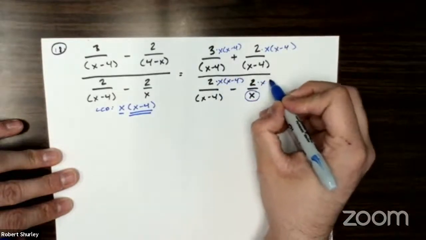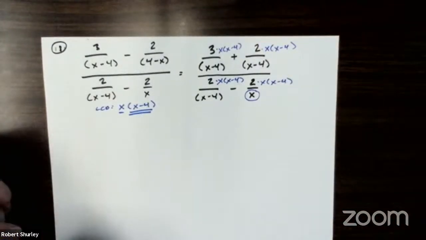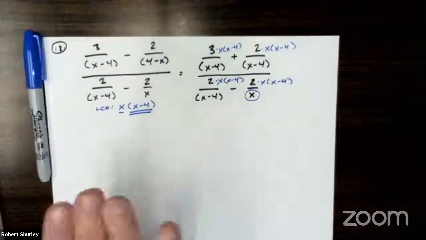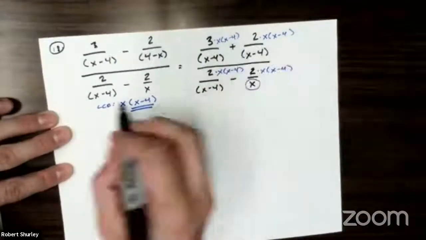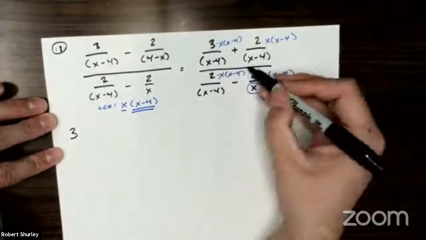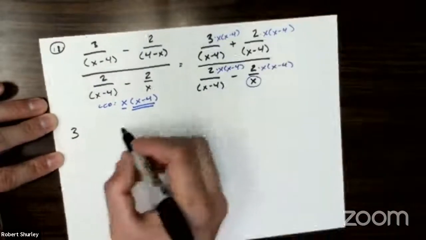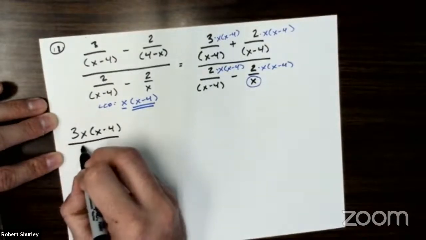And look, I'm not going to multiply anything through until I've canceled with the denominator. So I'm going to write this extra step, but you don't have to, okay? The extra step would be writing this completely out without just canceling. But we'd have 3x times x minus 4 over x minus 4.